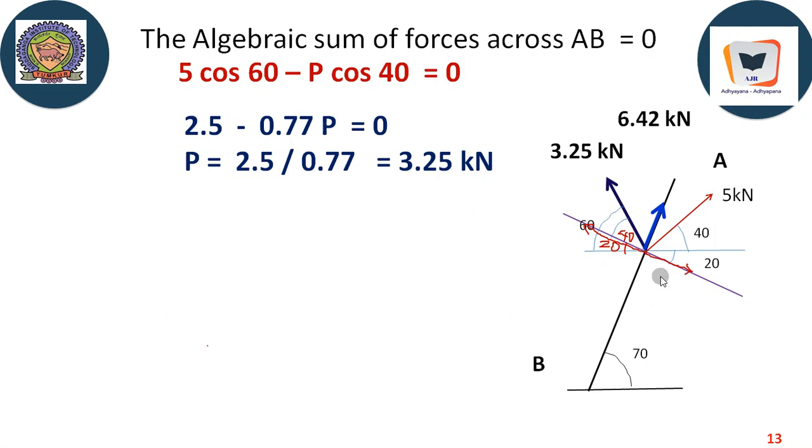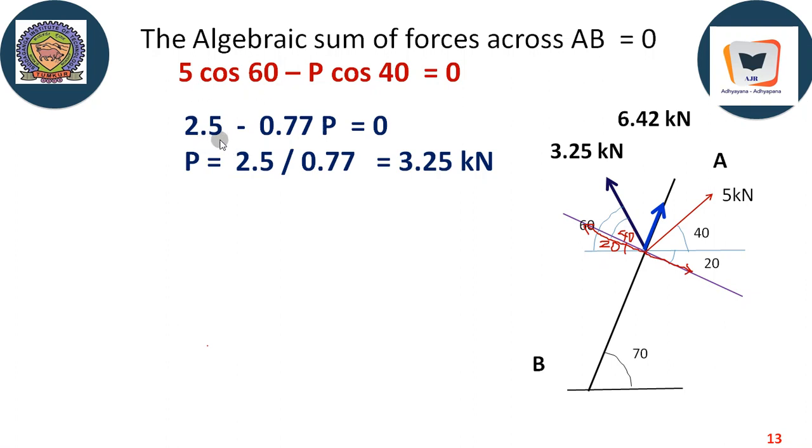There is no effect of the resultant along the x-axis. The resultant effect along the x-axis is the sum of the horizontal components of all the forces. Here there are only two forces. Therefore, the horizontal component effect of this force and this force should be 0. That is the logic over here.